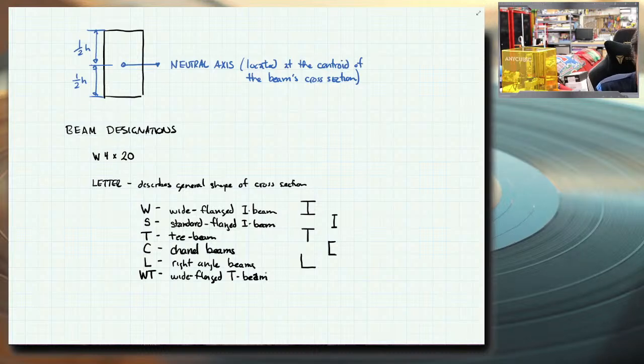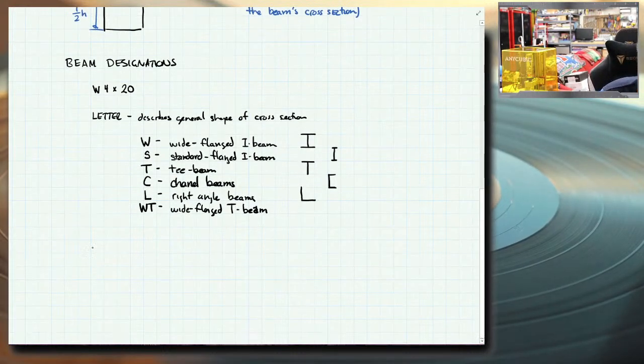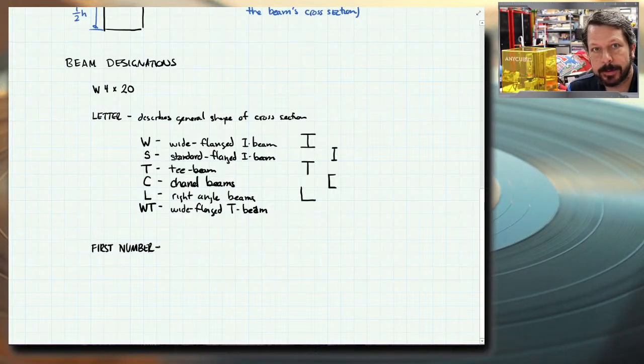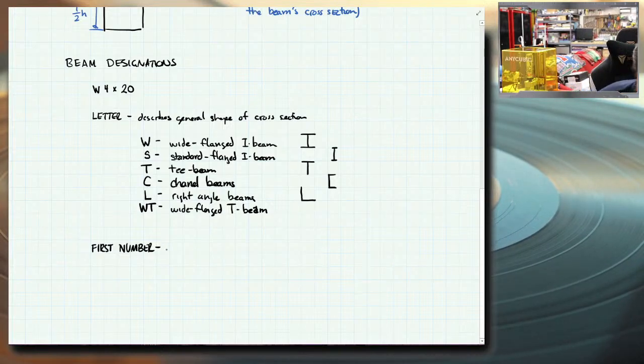The first number, the 4 in this case, is the nominal, they call it depth. You might think of it as height, but the nominal depth of the beam.